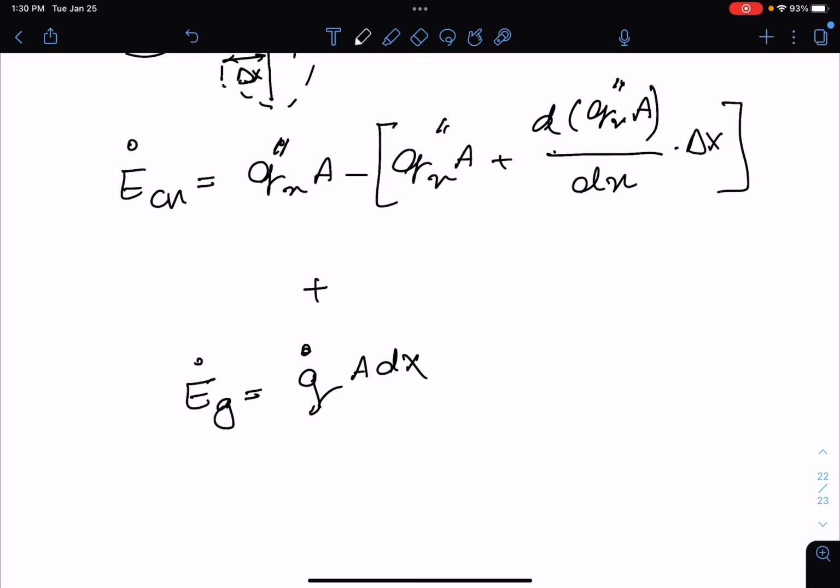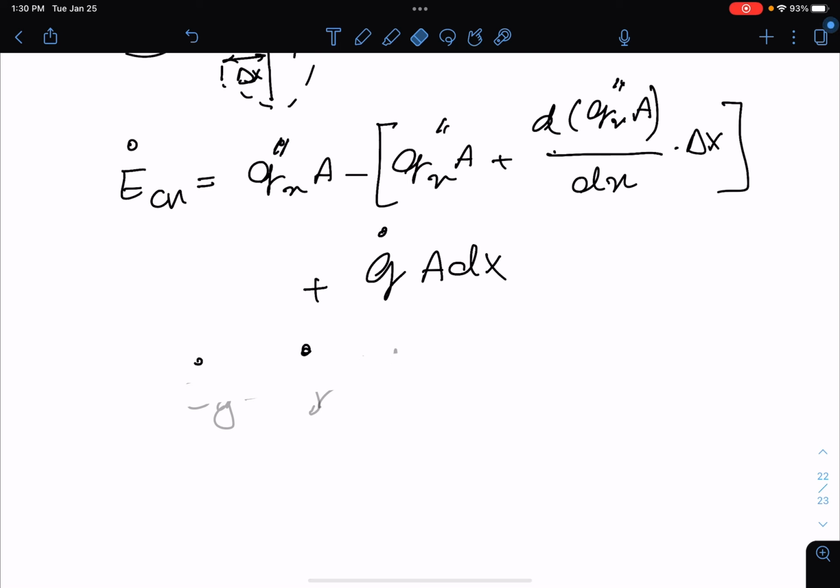Does it make sense? I have the value at one point, I have to multiply it by the volume, and that's what we have done. So this is going to be equal to Q dot A dx. Okay, and let's change this back to dx. Again, you shouldn't cancel these two out with each other.